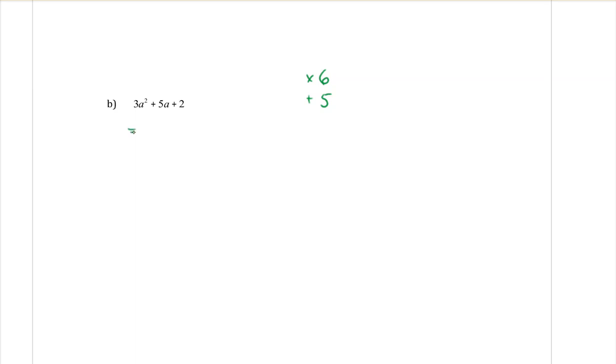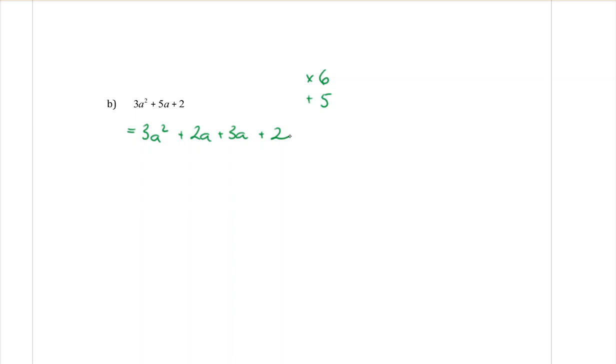So you leave the 3a squared. The 2 numbers we worked out was a 2a and a 3a. So it was 2 and 3, so I've split the 5. The only thing that's changed is that 5a. I've split it into the 2 numbers that I worked out, that times to give 6 and add to give 5. Okay?